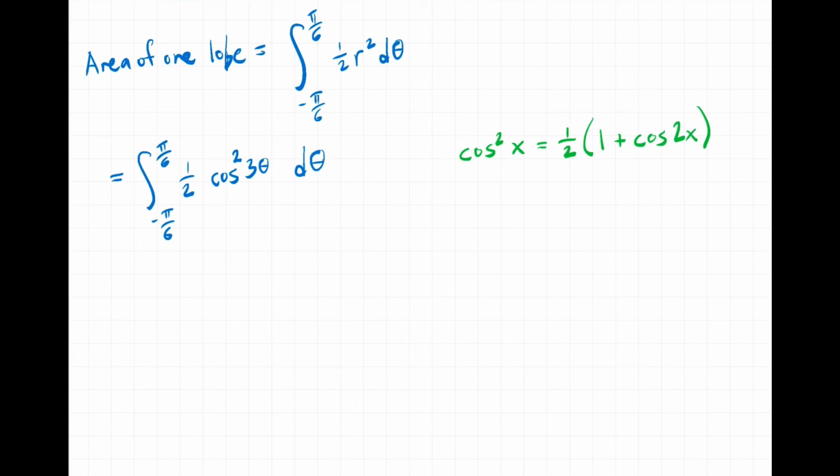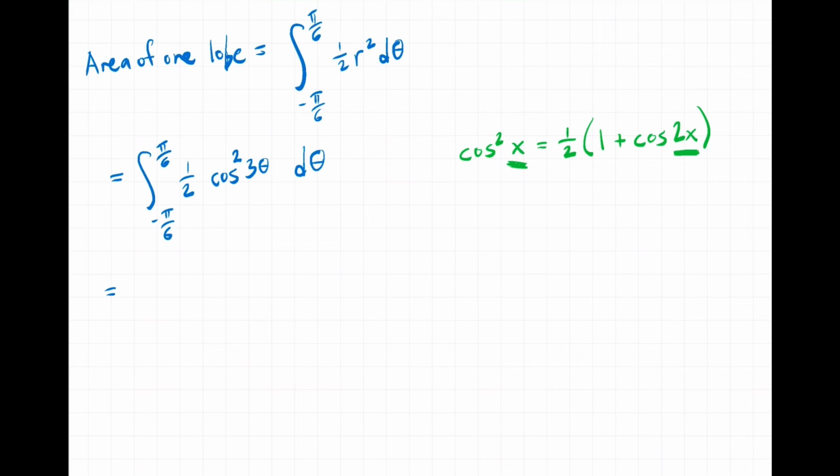Now, what this means is you can bring that power down by using this formula, replacing this expression with 1/2 of 1 plus cosine of 2x. Whatever the angle was, whatever was being plugged into the trig function originally, you're going to have to double that angle now when you rewrite it. So let's make use of that.